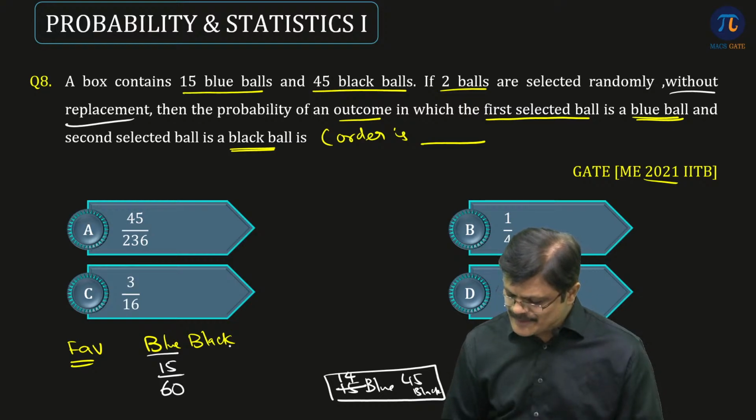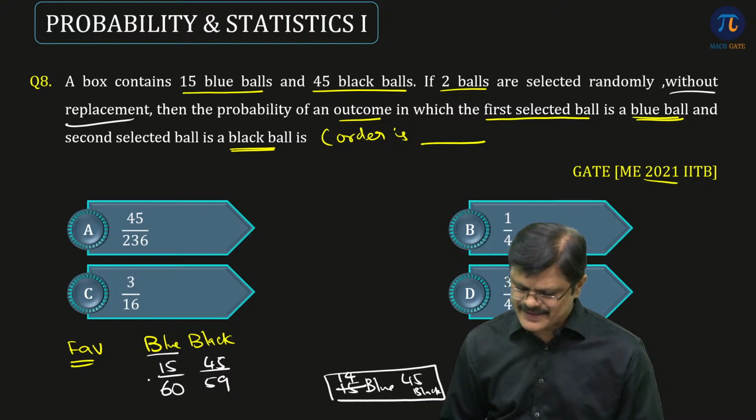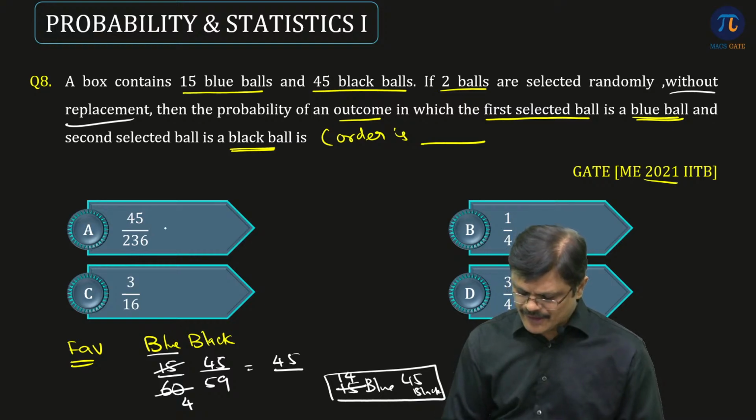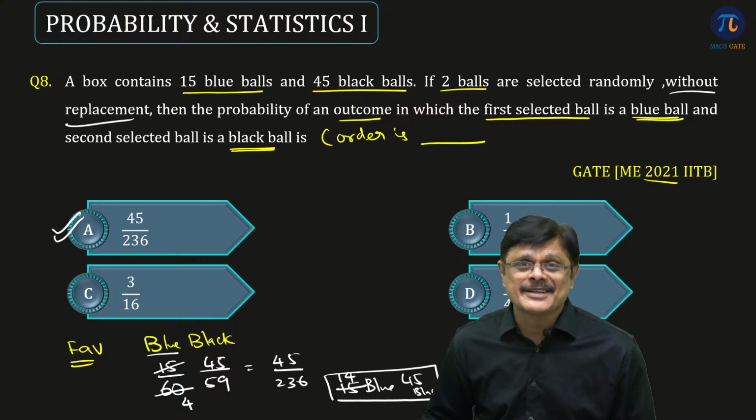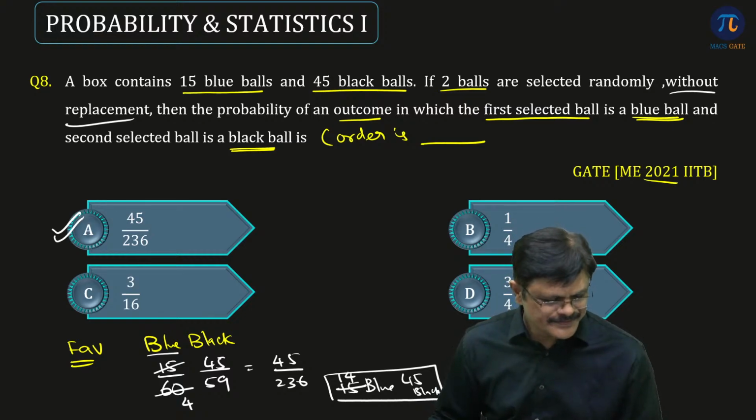Next, black ball can be selected in how many ways? 45 by 59 ways. So it is 15 by 60 and 45 by 59. If you see, 45 is there only in the numerator, so 45 by 236 should be the answer. A is the answer for this. Is the idea clear? Because the order is mentioned. Clear to you all?